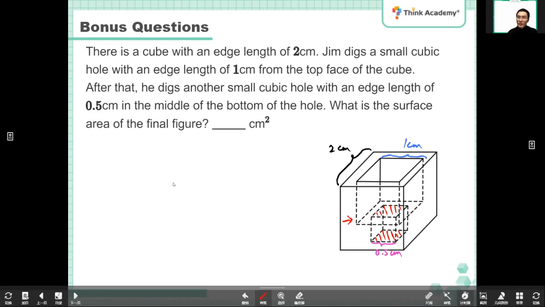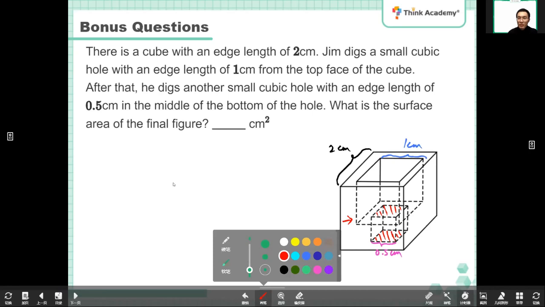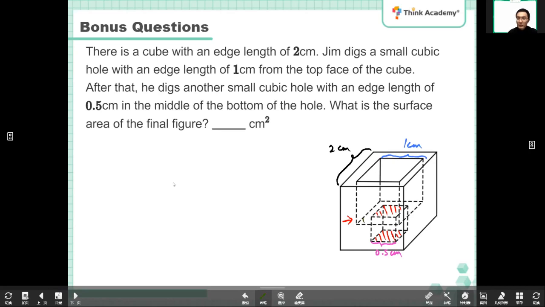And then if we include the outskirts of the bottom face of the 1 centimeter cube, let me change the color. Maybe green, okay. The outskirts are like this.